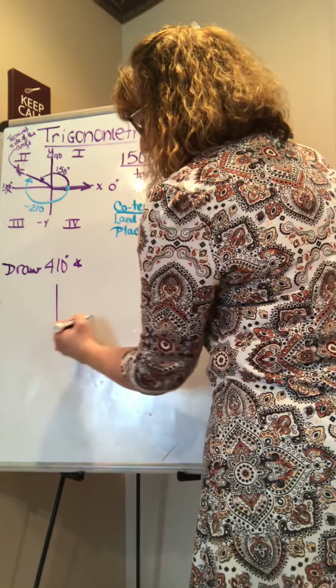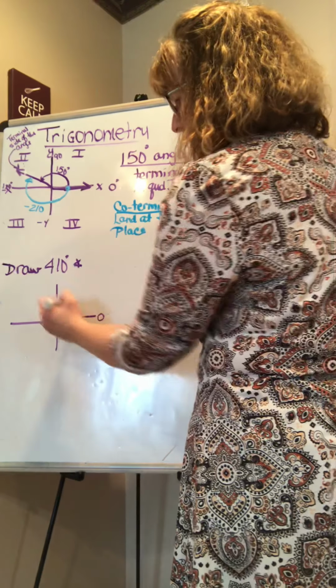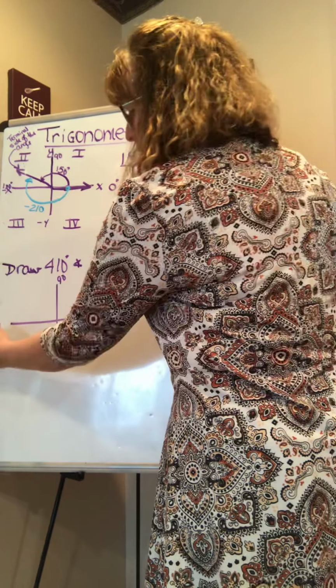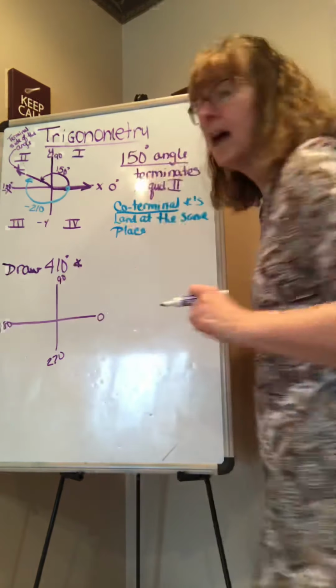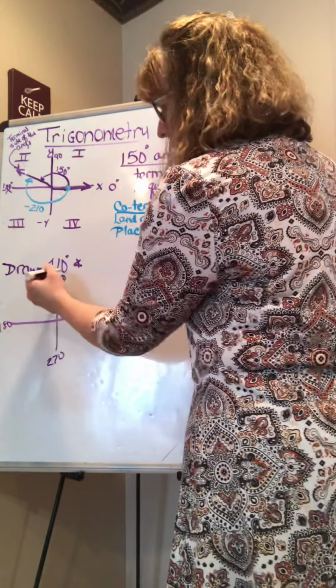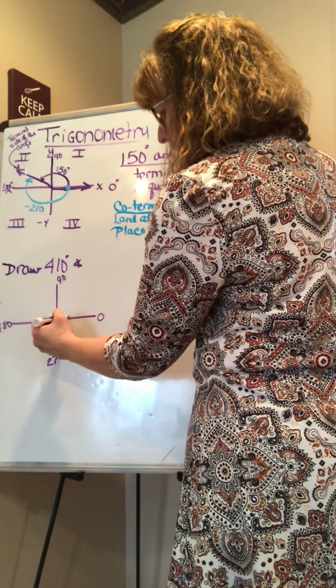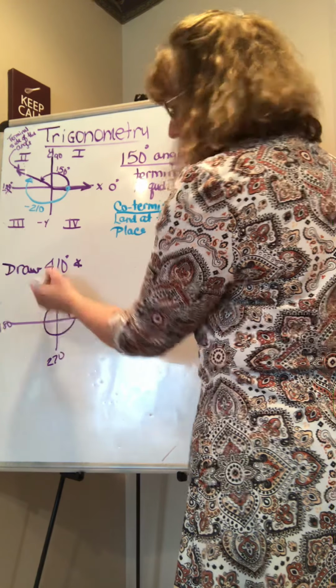Well, if I start with my set of axes, and here's 0, here's 90, here's 180, and 270, back to 360, you're going to notice that every problem we do, you should label. If I wanted to draw positive 410, I went positive 360. I still didn't hit 410.